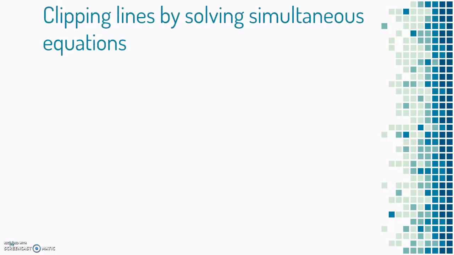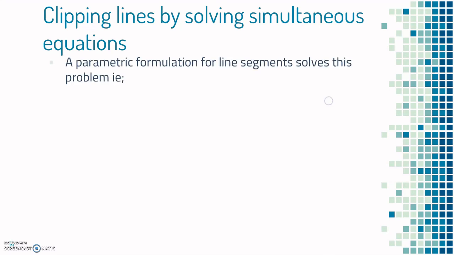Here we solve two simultaneous equations using multiplication and division for each edge-line pair, but this deals with only infinite lines and does not consider vertical lines. A parametric formulation for line segments solves this problem: x is equal to x0 plus t times (x1 minus x0), and y is equal to y0 plus t times (y1 minus y0).